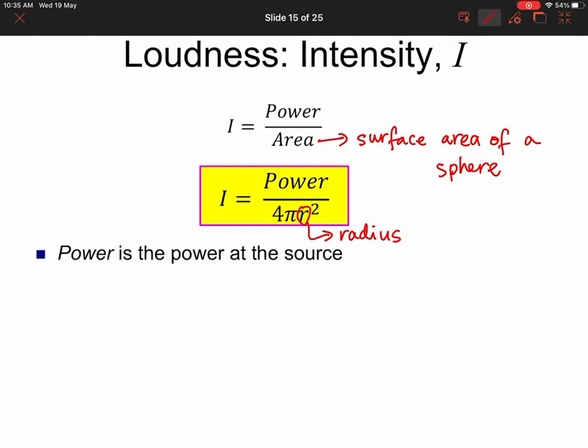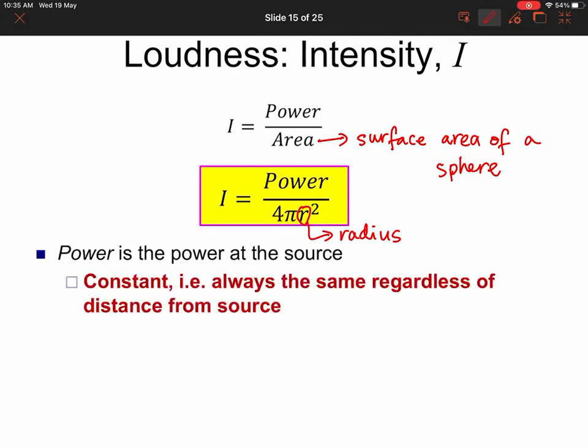And power, that's the power at the source. The assumption is no energy is lost, it's conserved, so the power will always be the same regardless of the distance from the source.